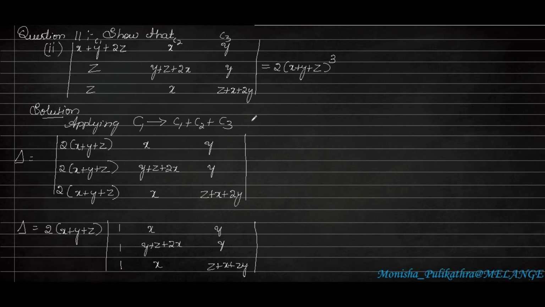So this is the thing after getting the common term. After that, we have to apply one more rule. Apply R2: row 2 to row 2 minus row 1 and row 3 to row 3 minus row 1. Okay, so I will be applying this rule.